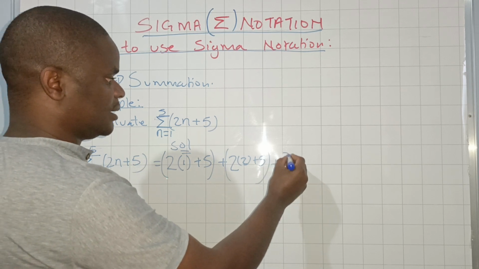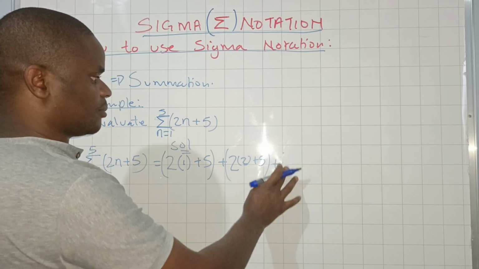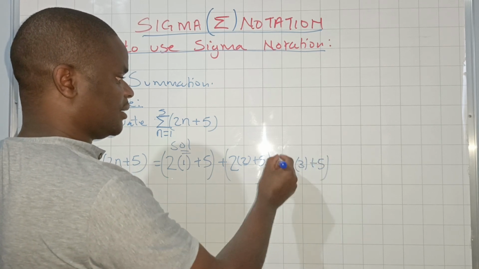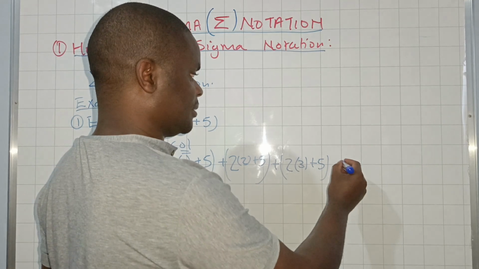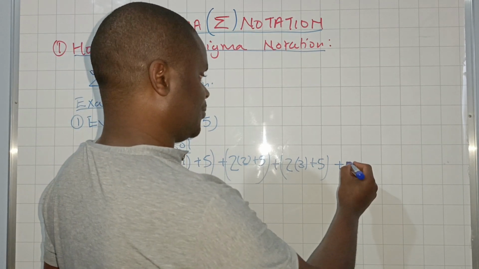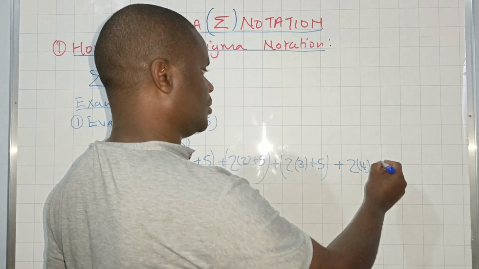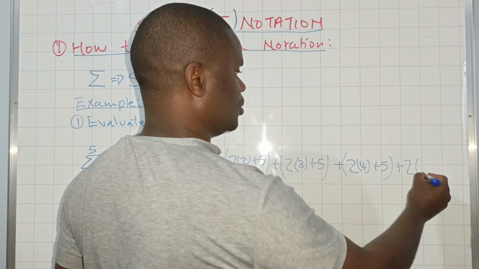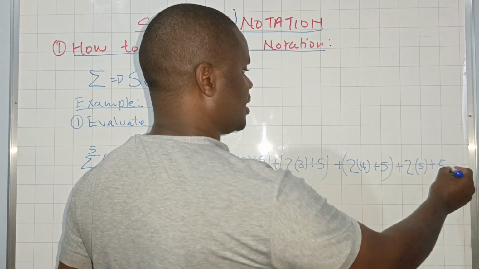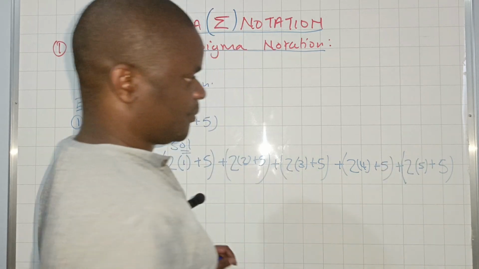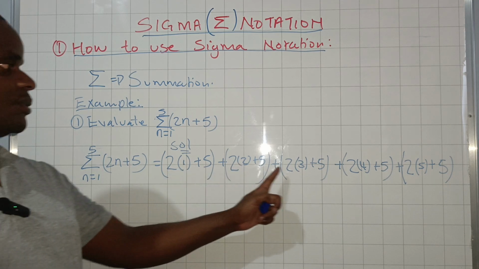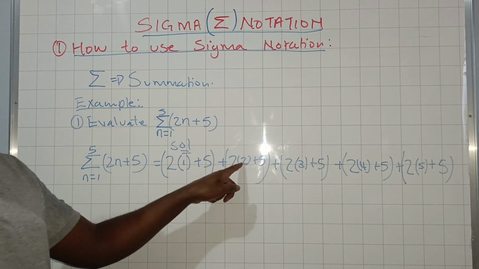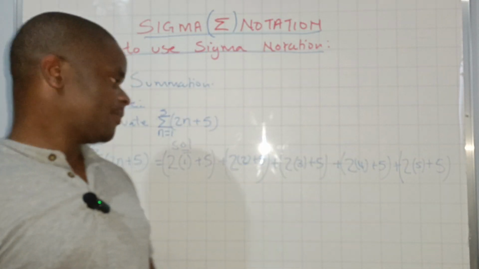That whole thing you add 2 into 3 plus 5 plus 2 into 4 plus 5, and then plus 2 into 5 plus 5. So you can see we have listed 1, 2, 3, 4, 5. We have substituted this n with a 1, with a 2, with a 3, with a 4, and with a 5.